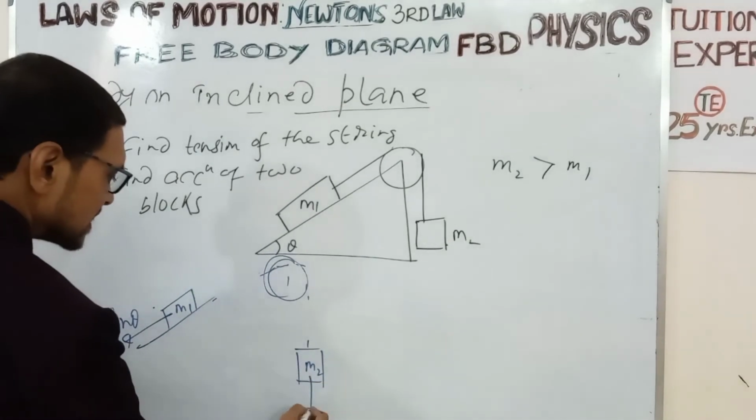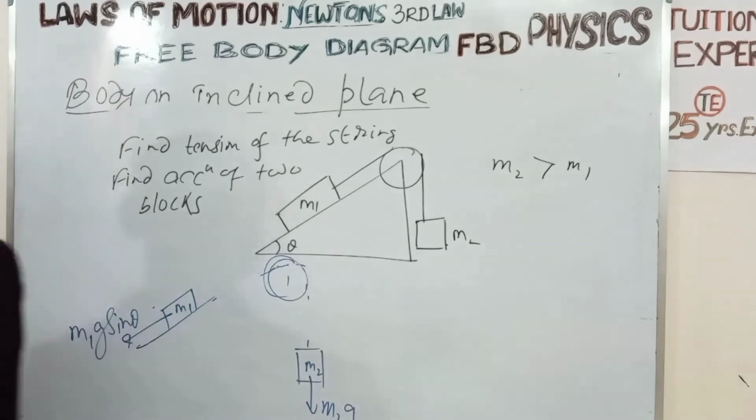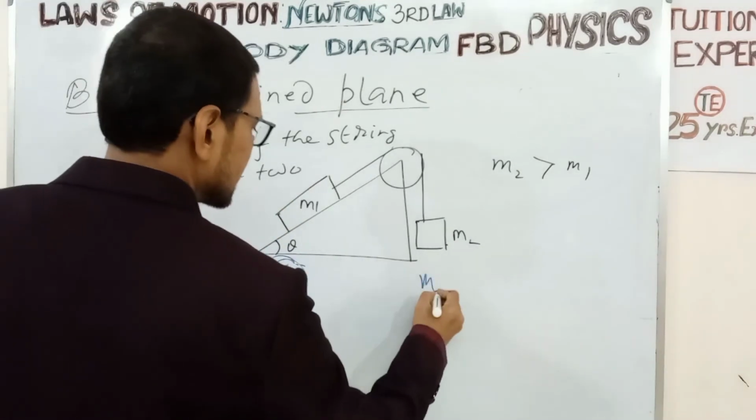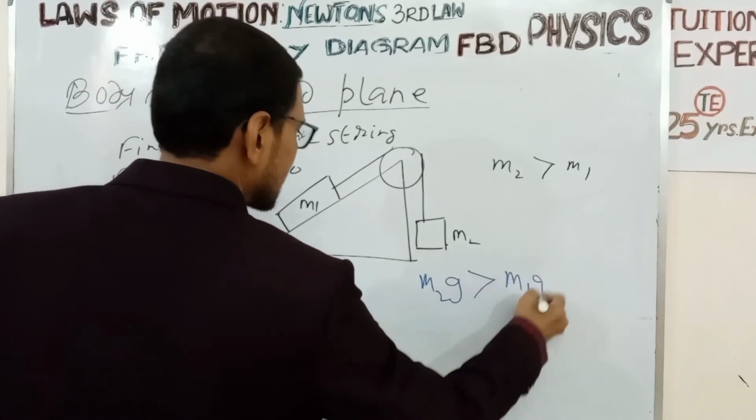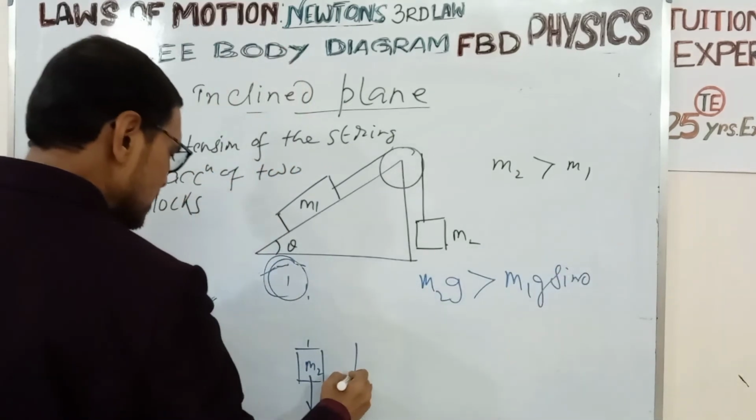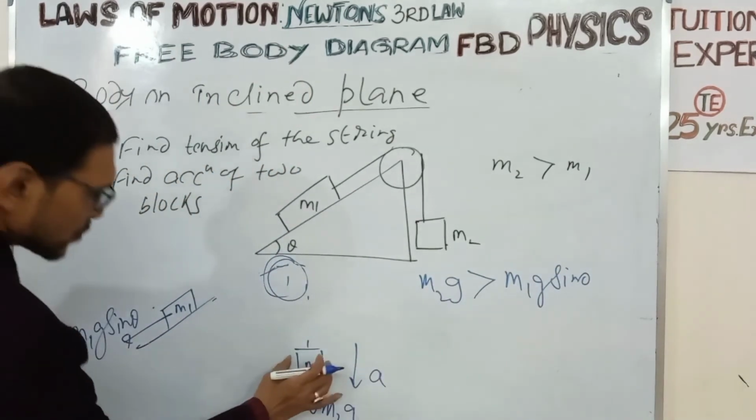Now m2g acts in this direction. So if m2g is greater than m1g sin theta, then the body moves in this direction with acceleration a. So the tension obviously acts upward, and on this body the tension acts in this direction.